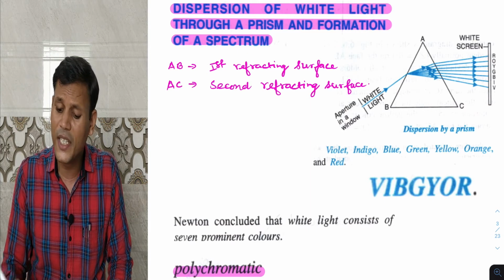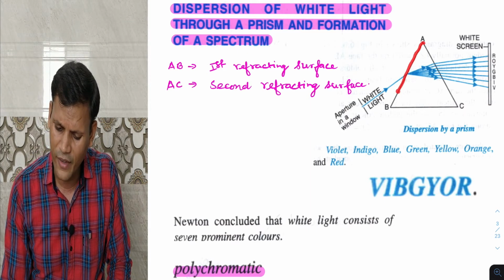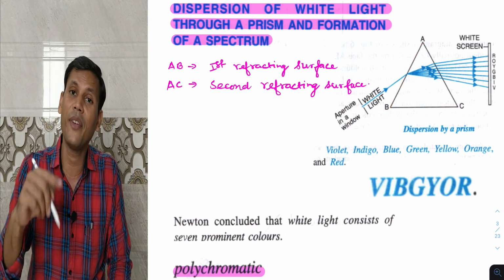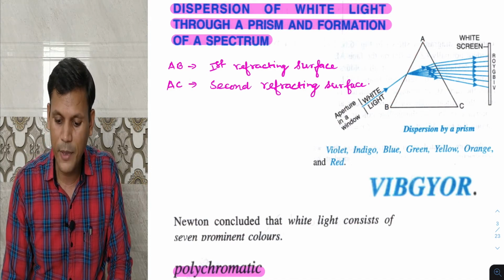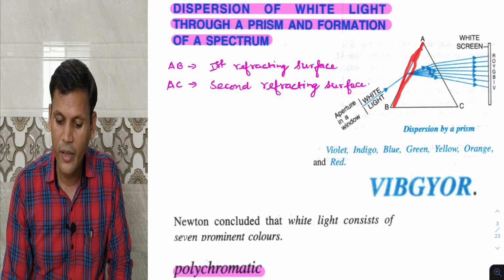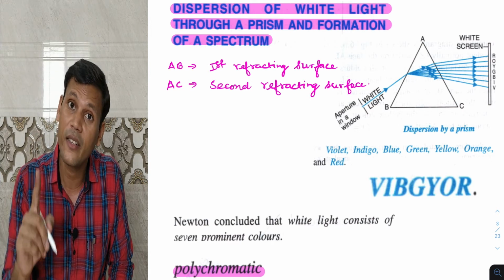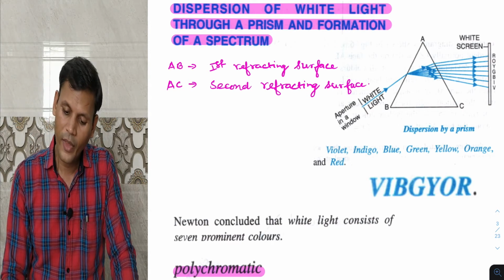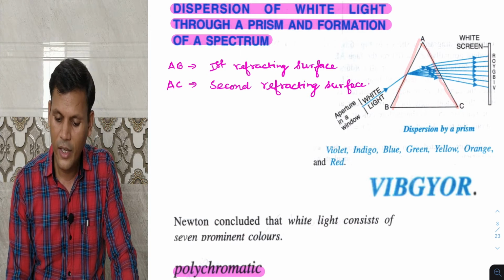तो dispersion कहां पे हुआ? At the first surface. Diagram बनाते समय we have to take care about this part कि डिस्पर्सन हमेशा कहां पे होना चाहिए? फर्स्ट सरफेस, फर्स्ट रिफ्रैक्टिंग सरफेस. ओके, and as it passes through the second surface, तो क्या हुआ?